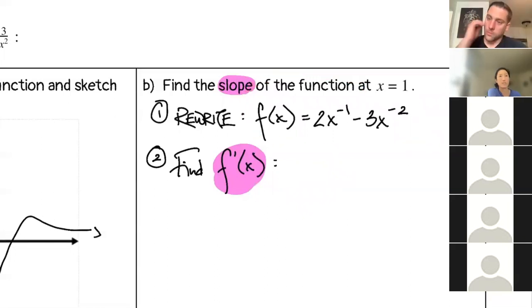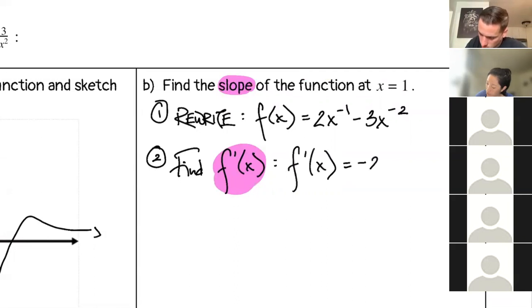All right, I'll give you a moment to find that derivative. All right, so always good to practice finding that derivative. Make sure you got those rules. I believe the first term ends up being negative 2x to the negative 2. Yeah, we got to be so careful about that sign. I know.